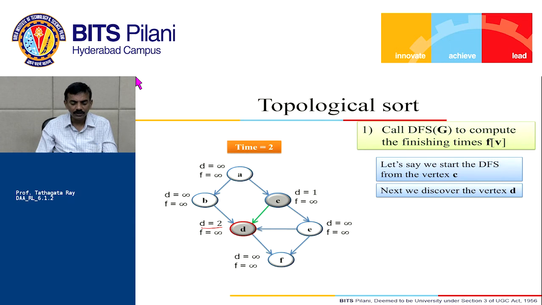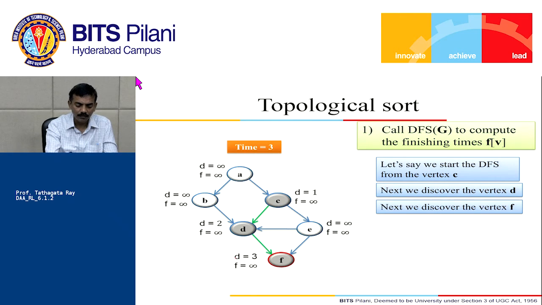The only unvisited neighbor of D is F. So we go to F. The discovery timestamp of F is 3. F has been marked as gray. Also notice the green edges, which are the depth first tree edges, which we are putting in.